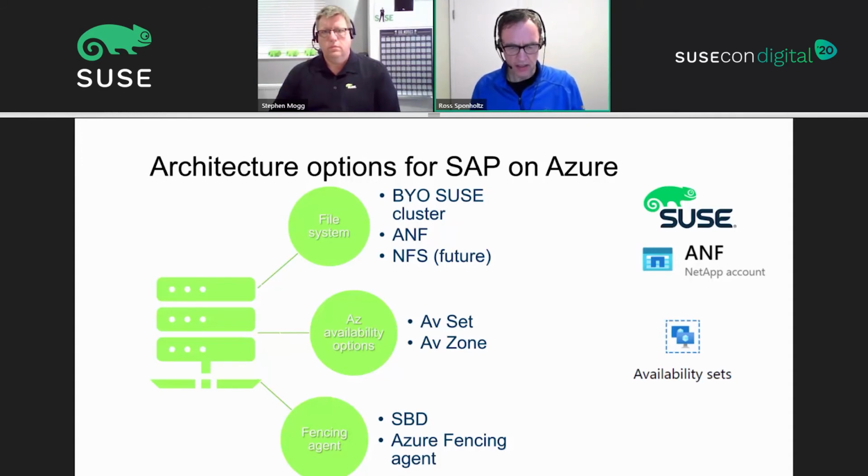And that's provided as a fencing agent in SUSE Linux. However, the requirement there is it's SUSE Linux 15 or higher only. So if you're on a previous version, SBD is the way to go.